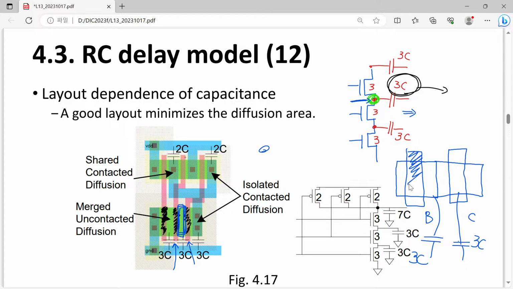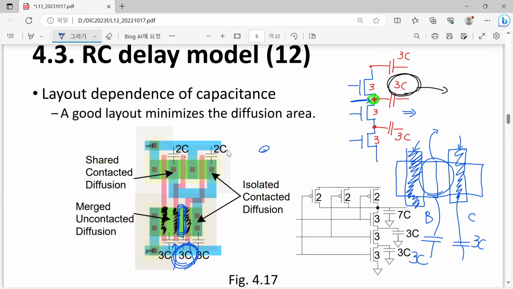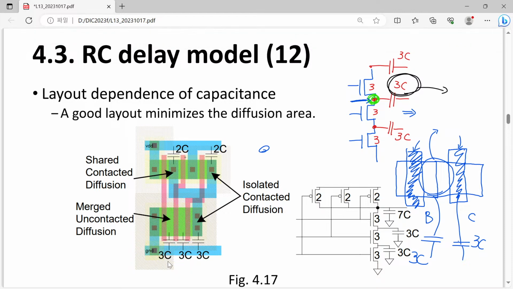So now this is a gate and this is a gate. In between we have a certain position. This is corresponding to drain of this transistor and source of this transistor. So they are just contributing just 3C, not 6C. Okay, so that was the question.